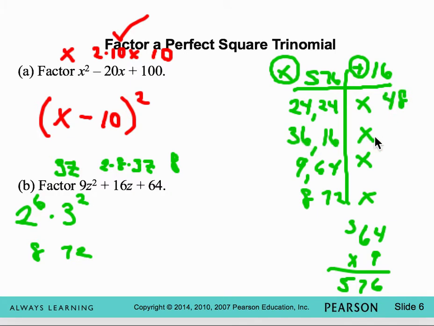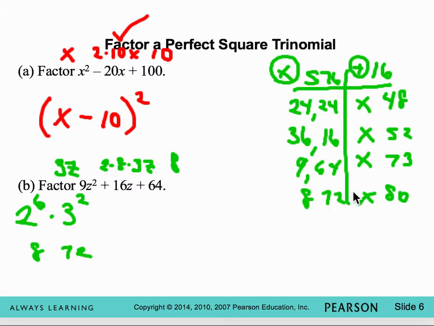Let's put our numbers up over here. 48, 52, 73, 80. I don't see how we're going to get any factors of this that add together to get numbers as small as 16, right? That's just not going to be happening for us. Look how big they are.